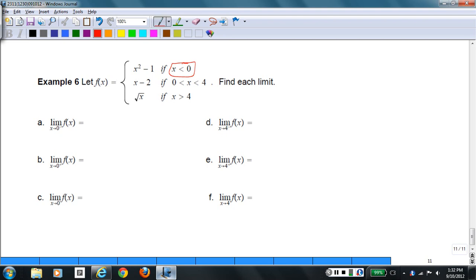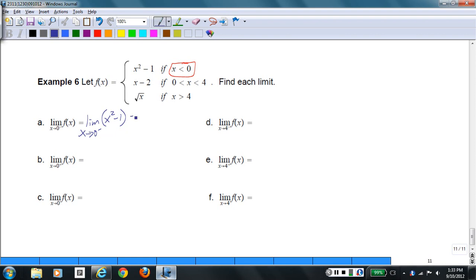So the limit of f of x as x approaches 0 from the left is equal to the limit of the expression x squared minus 1 as x approaches 0 from the left. Although the function itself might just have a piece of that parabola, when we evaluate the limit we can use the entire parabola because we're approaching from the left.